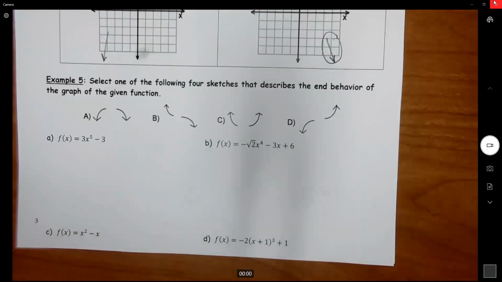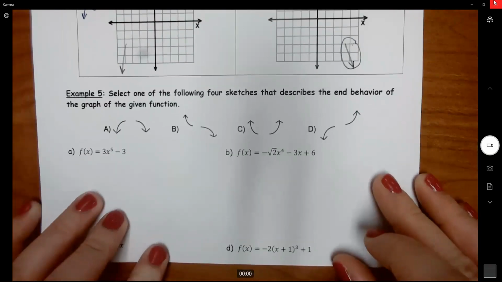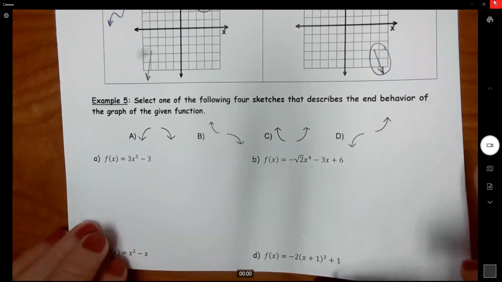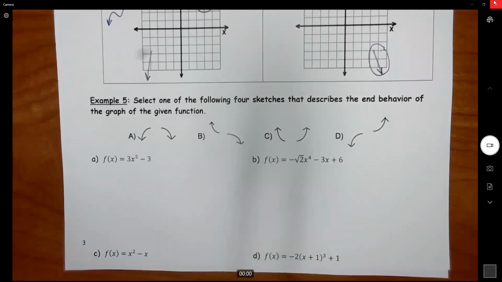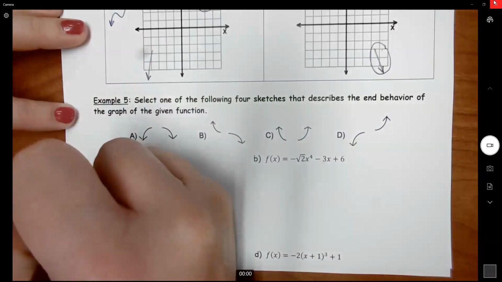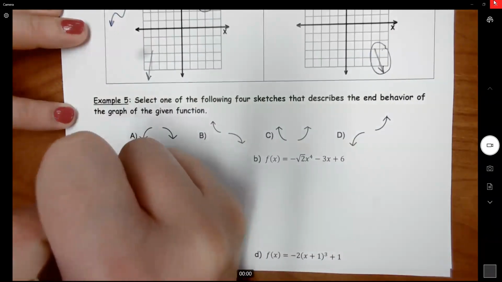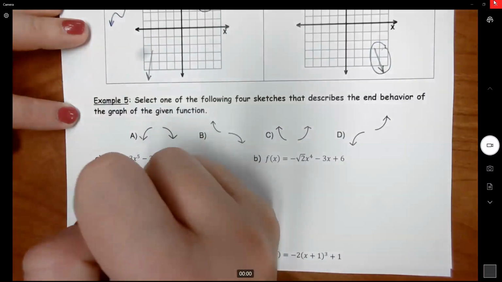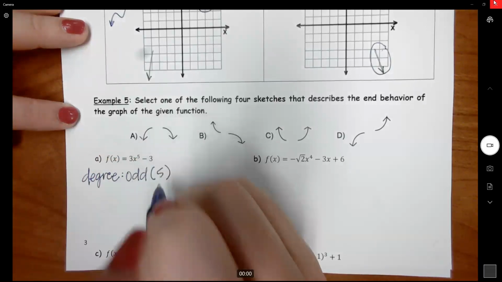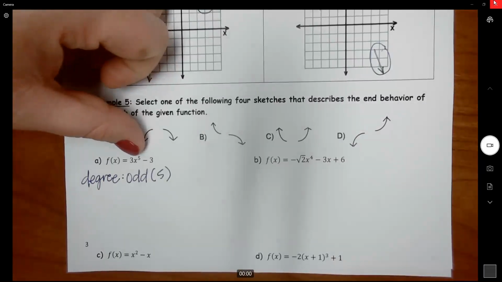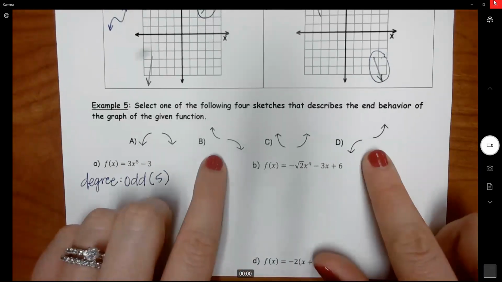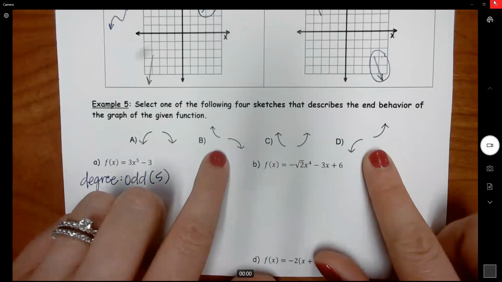So select one of the following 4 sketches that describes the end behavior of the graph of the given function. Okay, so we need to figure out what's the degree and what's the leading coefficient. Here, my degree is odd. It's that 5. So I know it's going to be one of these two here because that degree is odd. It's going to start and end in different directions.